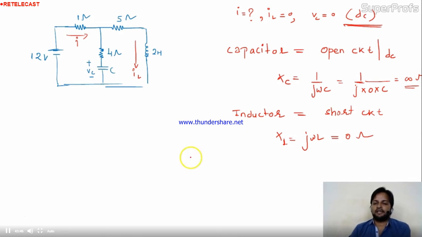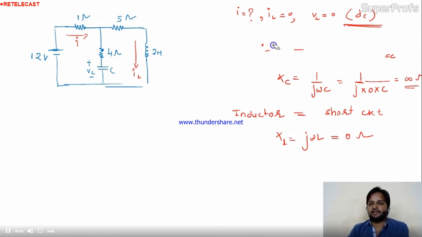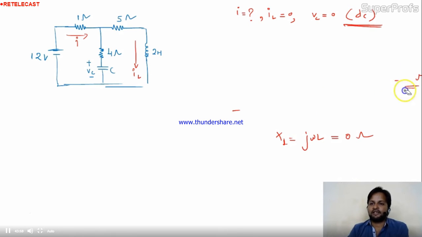I hope this is pretty clear to you. So, if we are applying the DC condition for this circuit, can I open this inductor in the circuit? No, because the inductor will be short and the capacitor will be open. Is it okay?